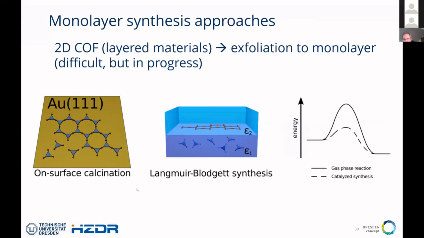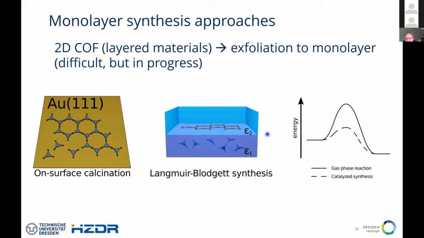One of the tricks is that we use the reaction only at a surface, for example, on a gold surface. The second one is a Langmuir-Blodgett approach. That means you try to do the synthesis at the interface between liquid and air, or between two different liquids.